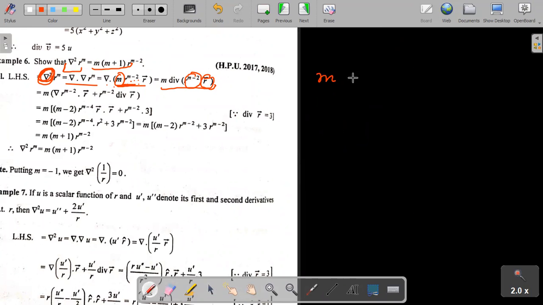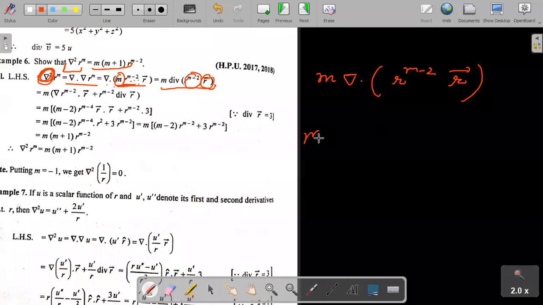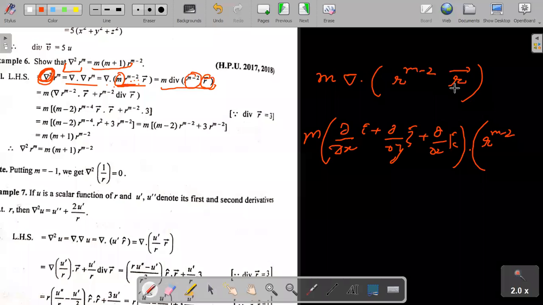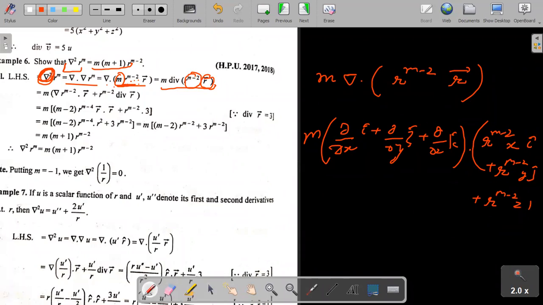So this is m. So divergence मतलब del dot किसका? r^(m−2) into vector r. तो आप ये भी कर सकते थे कि del की जगह ∂/∂x î plus ∂/∂y ĵ plus ∂/∂z k̂ dot, ये क्या बन गया? r^(m−2). So this is scalar. r vector हमें पता है क्या होता है? x î plus y ĵ plus z k̂. So you see this is r^(m−2) x î plus r^(m−2) y ĵ plus r^(m−2) z k̂. Girls, clear?